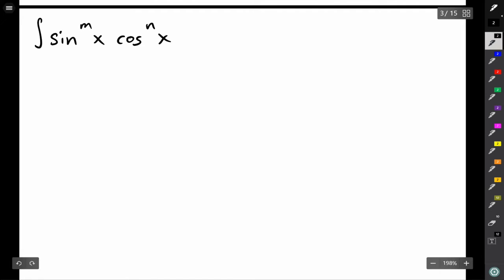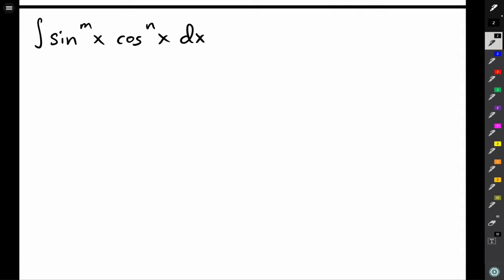So similar to the last type of examples we just did, there's a more general version of that I want to at least do a couple examples of. And that is an integral of the form sine to the mx cosine to the nx dx. All right? So these integrals actually work precisely the same way as the integrals we just did in the last video.